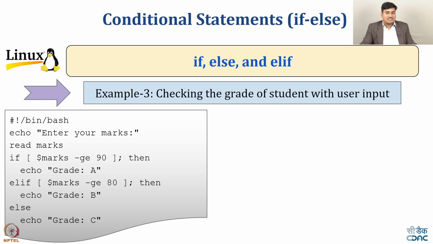Let's say there is a student who has some marks, and on the basis of those marks the user provides, I want to check the grade of that particular student. So in that scenario, as we have done earlier, just ask for some marks from the user with respect to that student, put those marks in the marks variable by using this particular read command, and now check these particular marks.